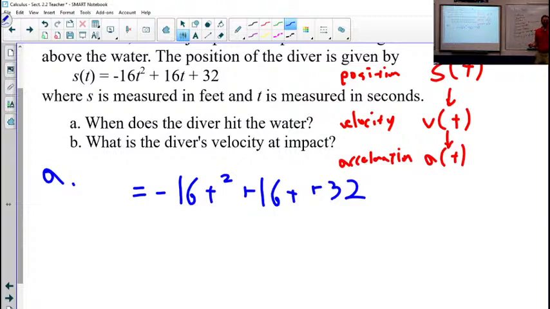But the diver hits the water when we know about position. The position is going to be what? 0. This is not as difficult as it looks, because what I'm going to do is I'm going to take a negative 16 and factor it out.